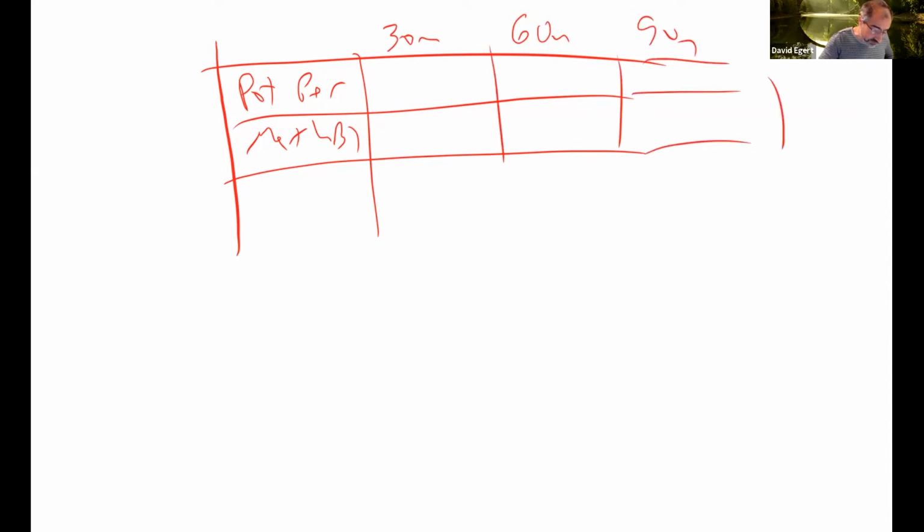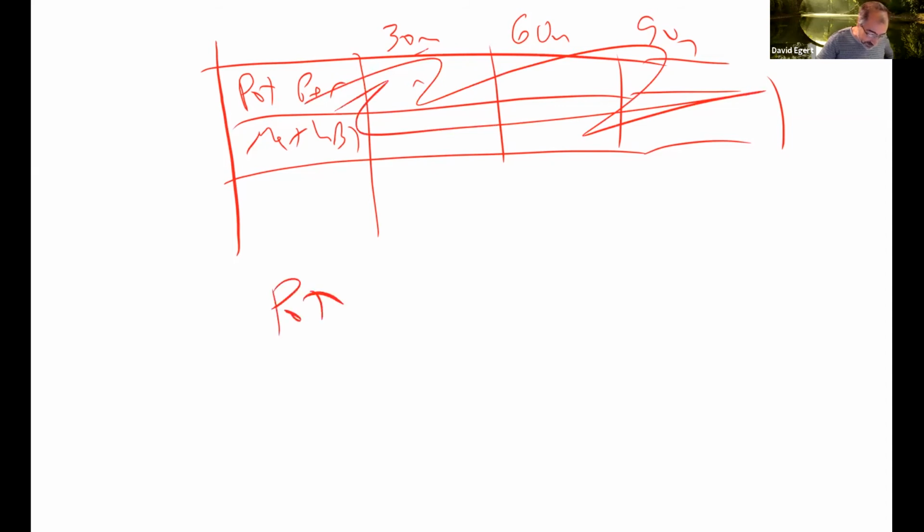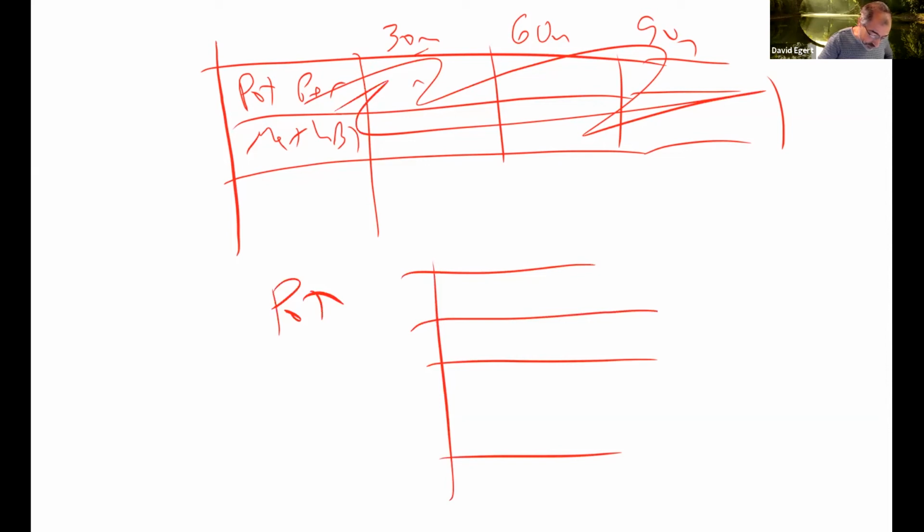So let's say for potassium permanganate, at 30 minutes, at 60 minutes, at 90 minutes, and then millimeters, and then what is the rate?